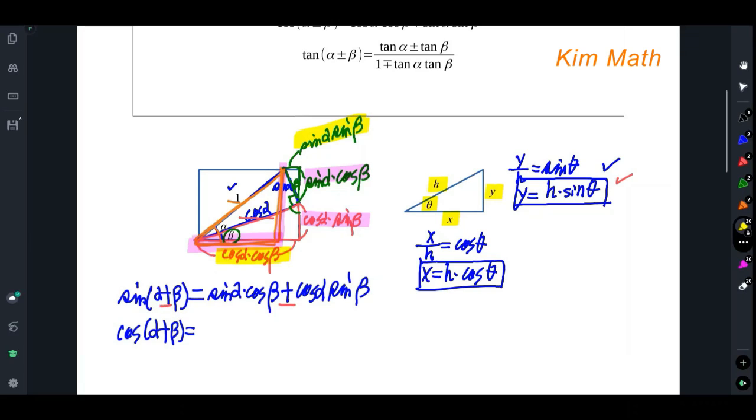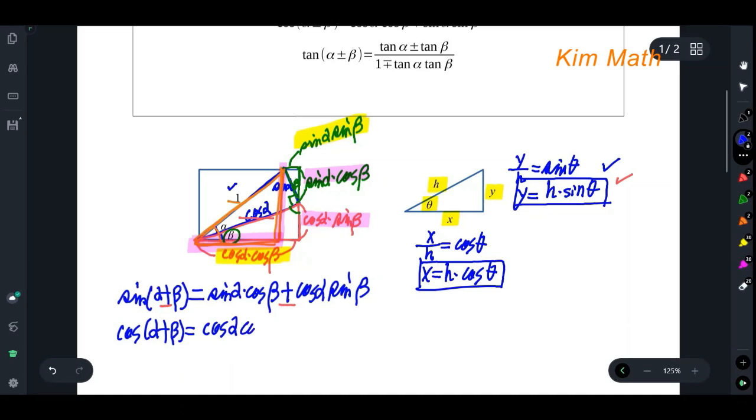So judging from the picture, by simply subtracting the shorter one from the longer one, that will be the adjacent of the triangle, right? So is it okay to write cosine alpha cosine beta minus, not plus, sine alpha sine beta?